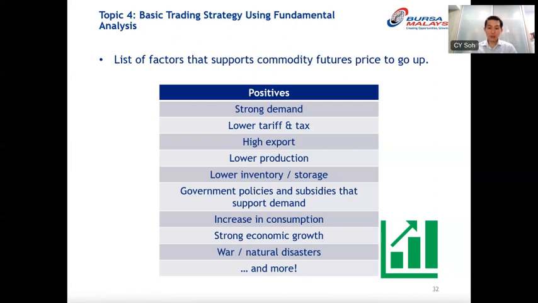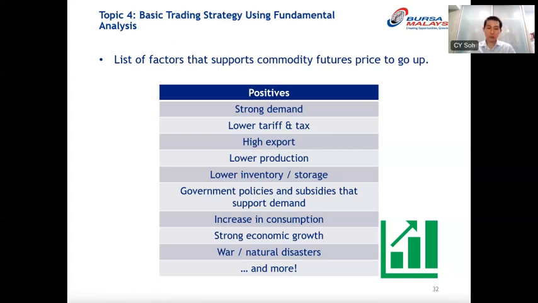So buyers would want to buy commodities up first in order to store them so that it does not affect their business operation. Of course, there are many other fundamental factors that can affect commodity prices to go up.